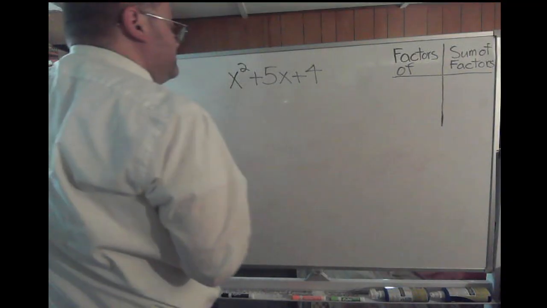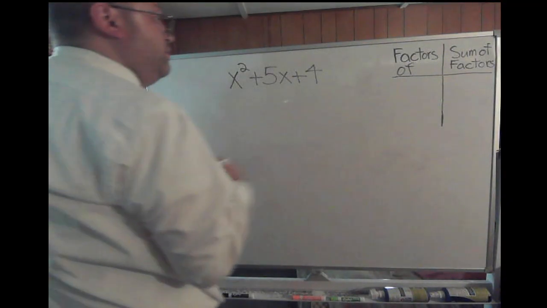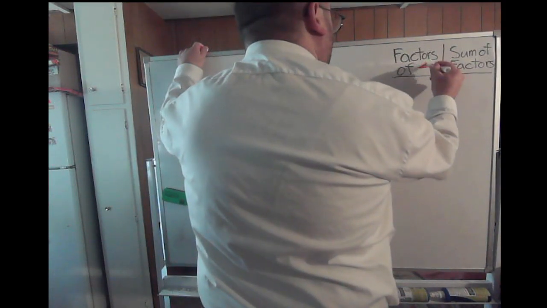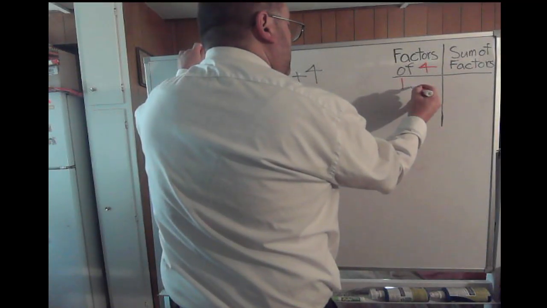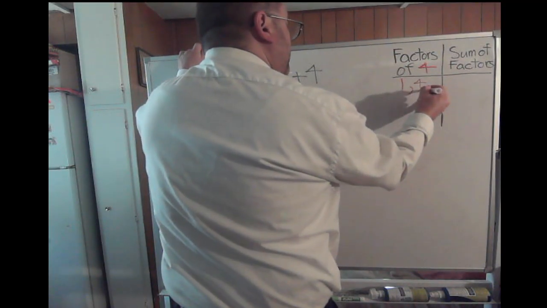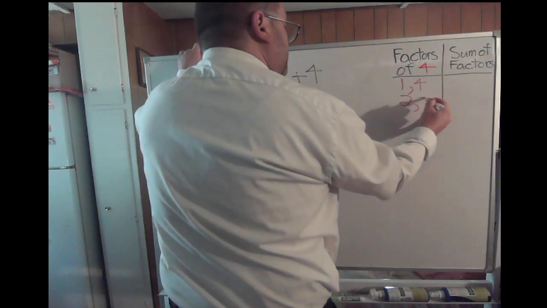So what you have to do now is take your factors of the constant term, that 4. So what are factors of 4? 1 and 4. And then, what else? 2 and 2. Those are also factors of 4.